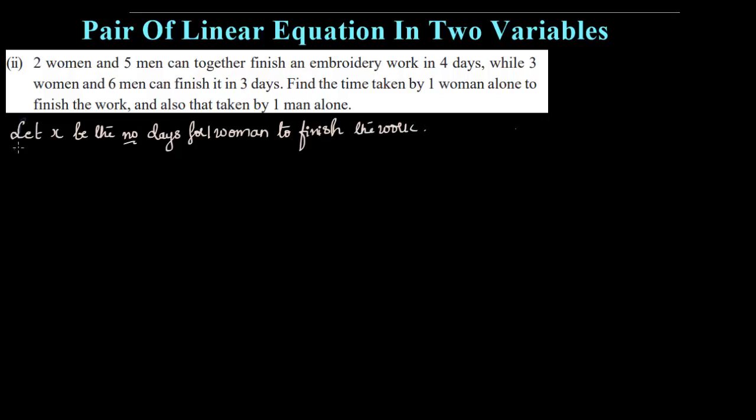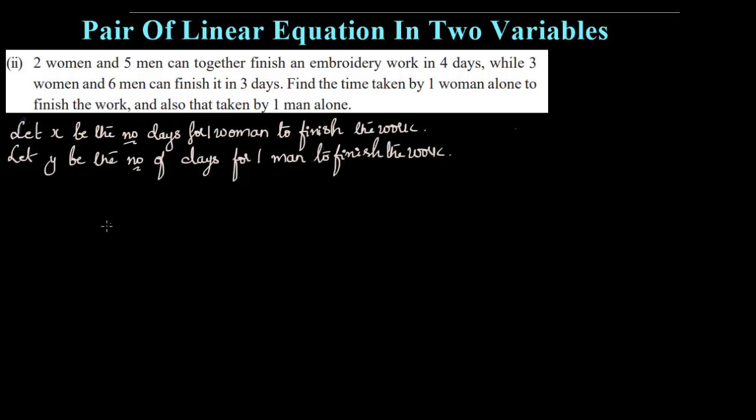In the same way, let y be the number of days for 1 man to finish the work. So how much work will get finished in 1 day by 1 woman? It is nothing but 1 by x. In the same way, how much work will be finished by 1 man in 1 day? It is 1 by y.